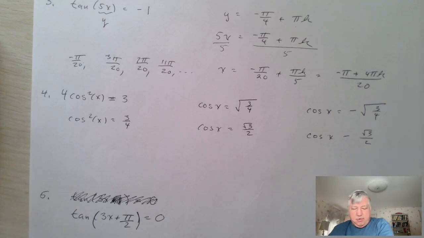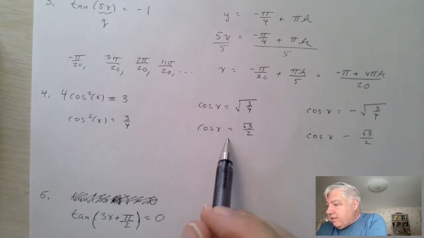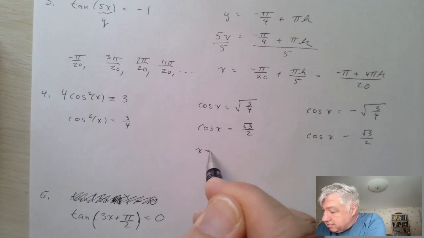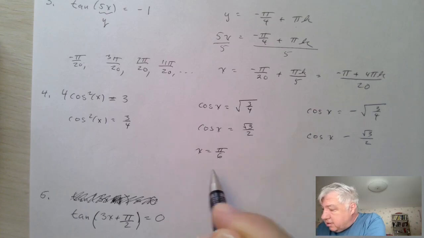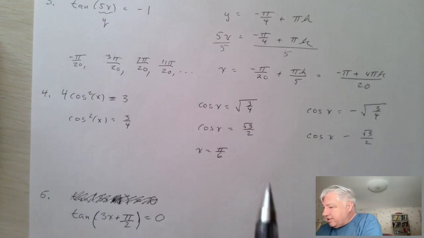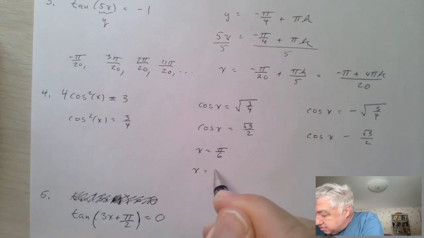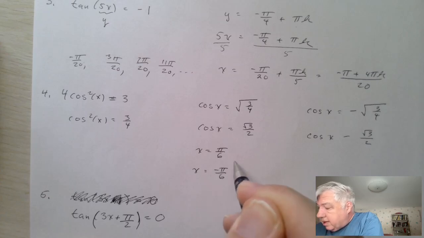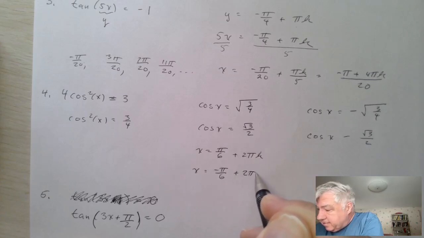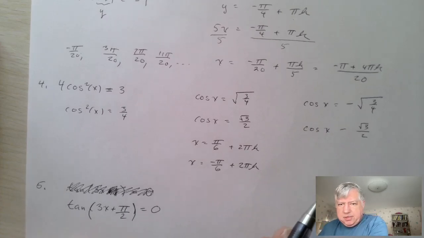In this case, we have pi over 6 as a solution. But also, on the unit circle, we get negative pi over 6 as a solution. So we add 2 pi k to include all the possibilities.